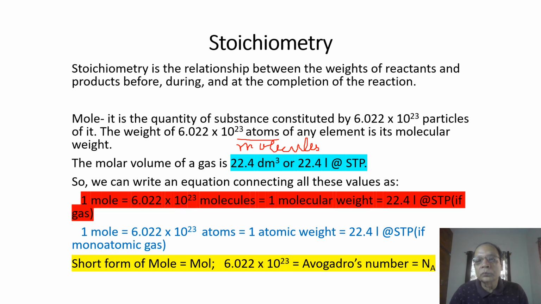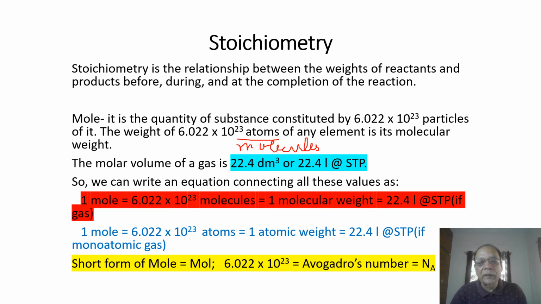The particles can be anything: molecules, atoms, ions, electrons, protons, neutrons, whatever it is. The weight of 6.022 into 10 to the power 23 atoms of any element or molecules of any compound: if it is atoms, it is atomic weight; if it is molecules, it is molecular weight.